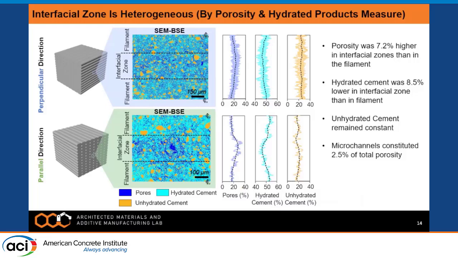The porosity in the parallel direction was higher in the interfacial zone than in the filament by 7.2%. At the same time, we observed that the hydrated cement was 8.5% lower in the interfacial zone as compared to the core of the filament. We also observed microchannels that constituted around 2.5% of the total porosity in these 3D printed samples.